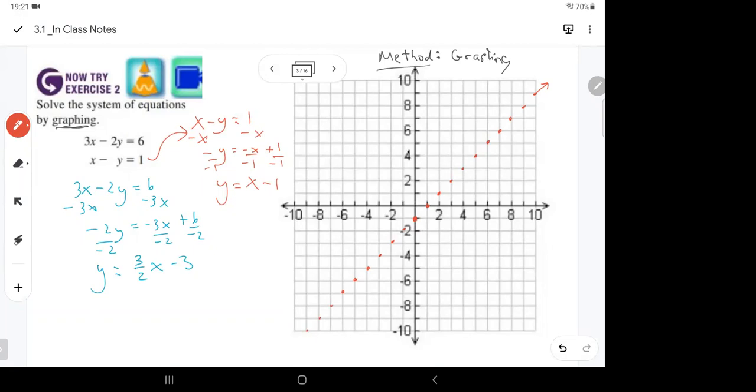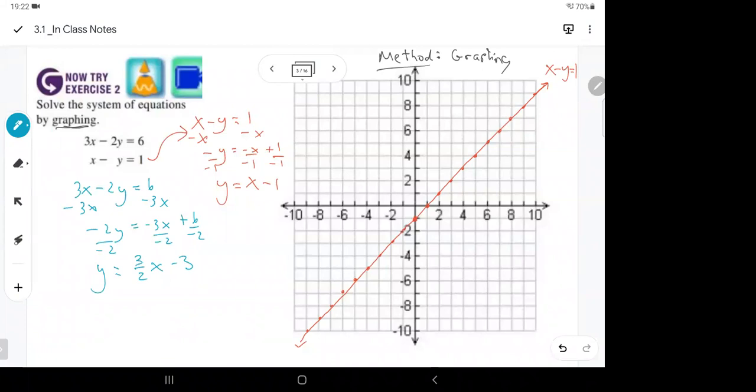I wish I could connect dots better, but I always end up missing one. Okay, and I'm going to write the original, x minus y equals 1. Okay, now let's do the other one.